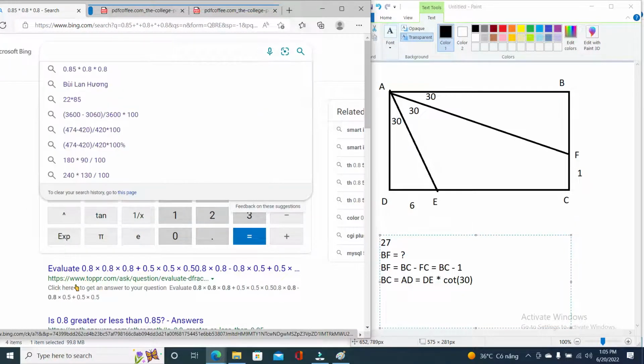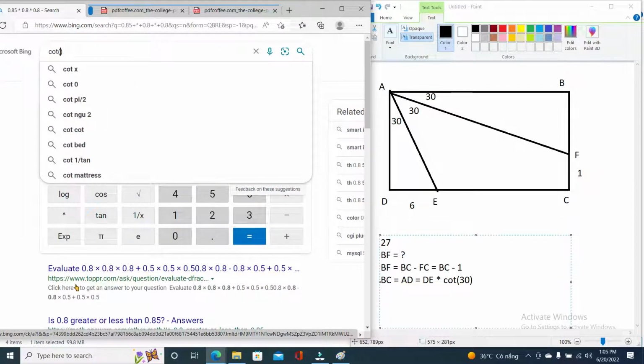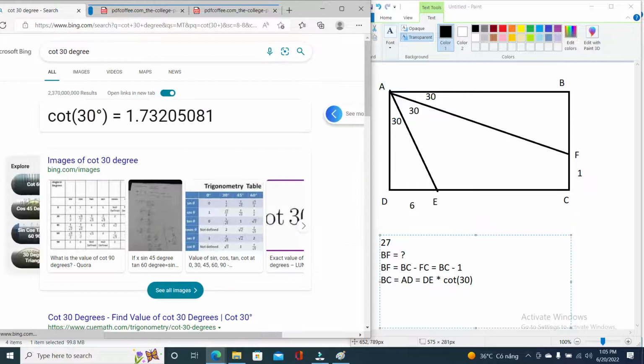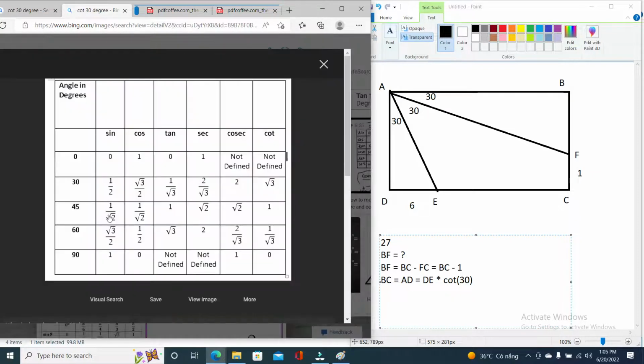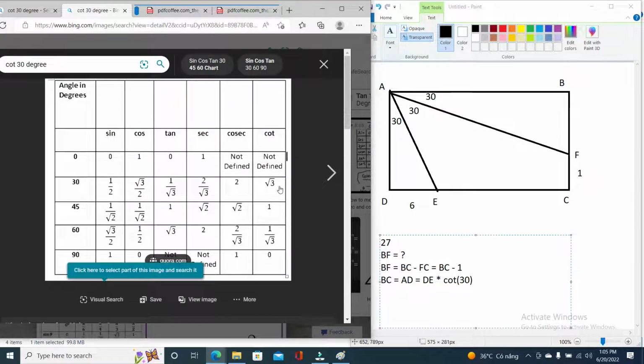So let's search cotangent of 30 degrees. That's actually 1.77. What the hell is that? So that's actually square root of 3, right? Cotangent of 30 degrees is actually square root of 3.